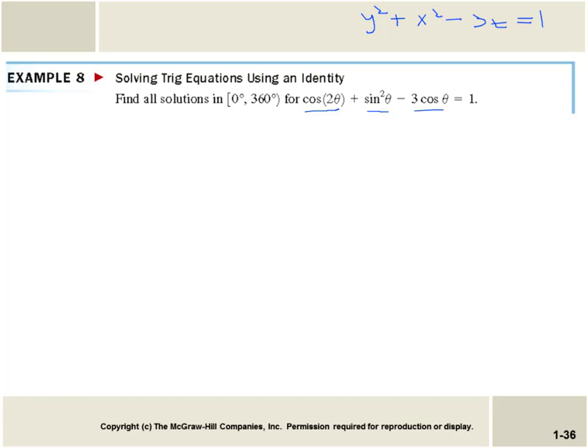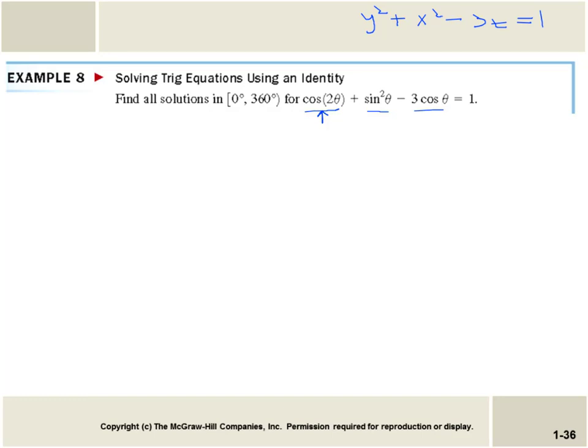So this is where you have to start by using your identities. First identity you need is to change this to just thetas. Because right now we have one variable that has 2 theta, and there's nothing we can do with that. We can't combine it with anything else. It's like trying to combine 2x plus y. It doesn't work. So if we can get them all to the same variable, that's helpful, isn't it?